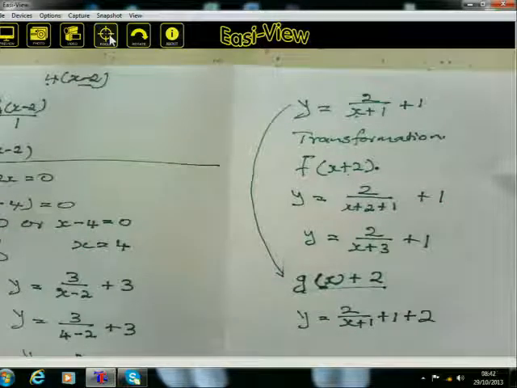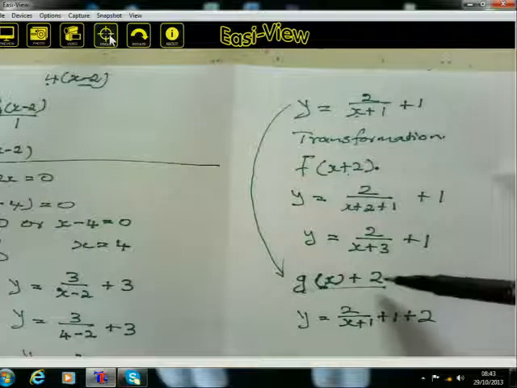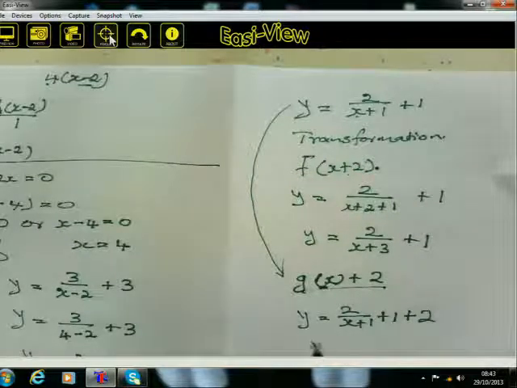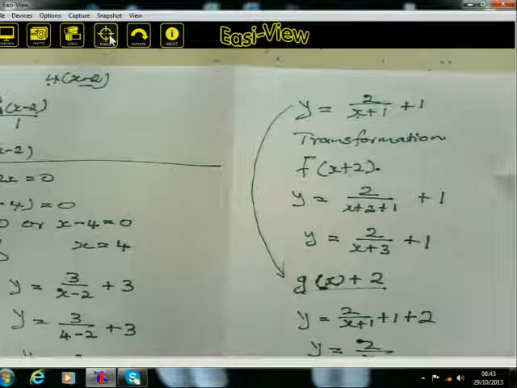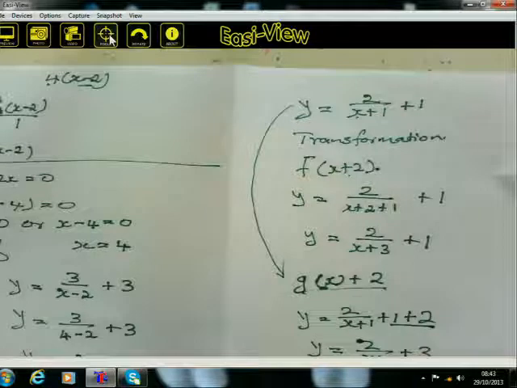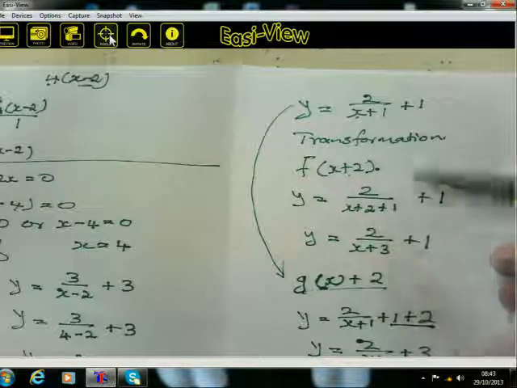Do you see the difference between this format and that one? Therefore, this one will be y is equals to 2 over x plus 1. Then we add these 2, they give you 3. Look at the difference.